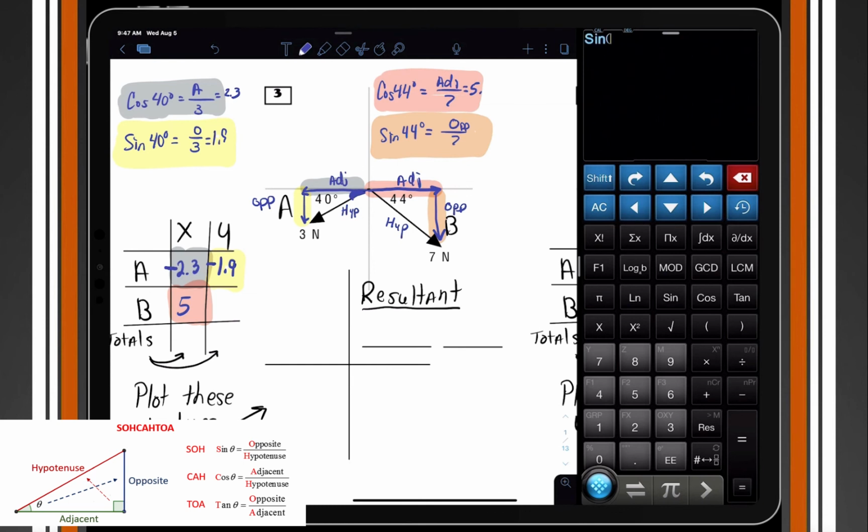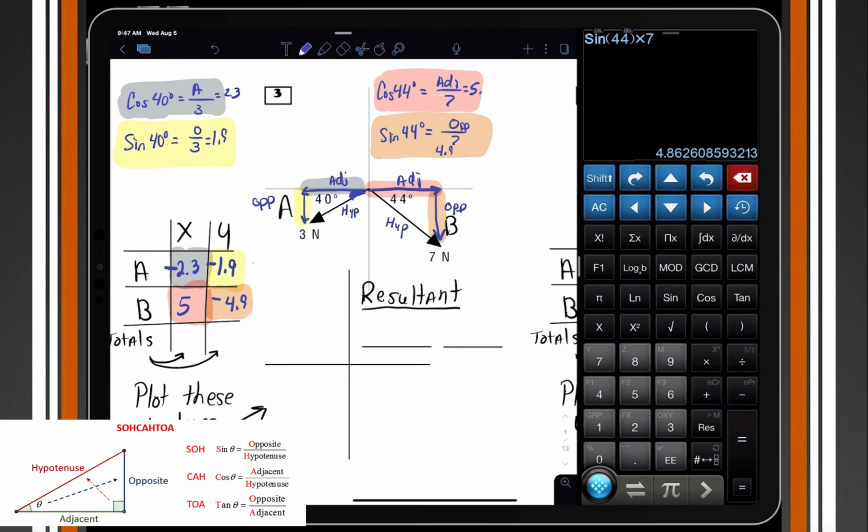We'll have sine 44, close it, times 7 equals 4.9. So 4.9. Now when we put that value in here, what do we have to make sure that 4.9 is? It's pointing downwards, so that has to be negative.